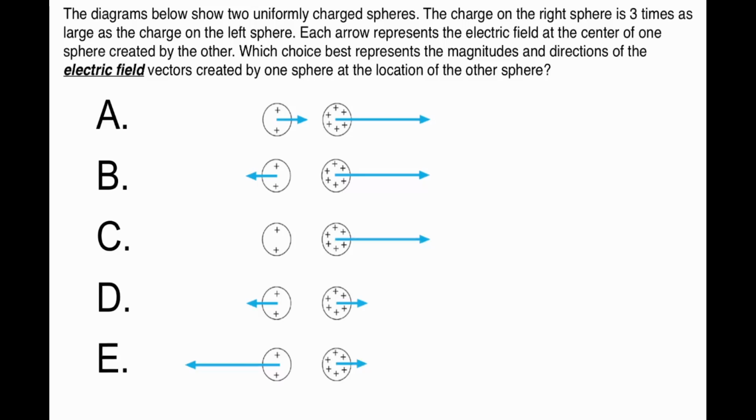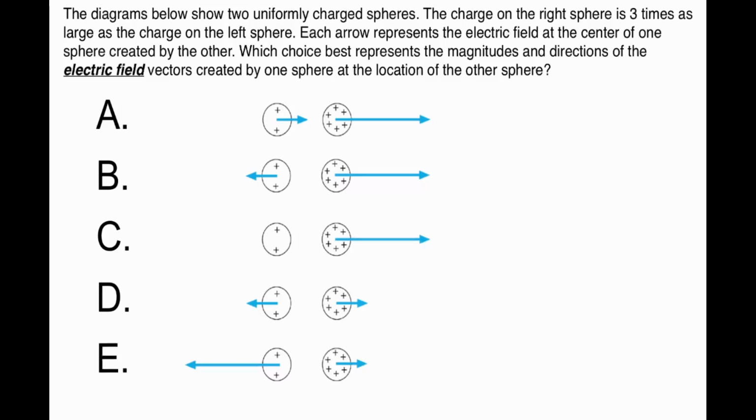This looks very familiar, doesn't it? Only this time, tell me the electric field vector. Not the force. I want the electric field vectors. And just for clarity, we know C is wrong, right?